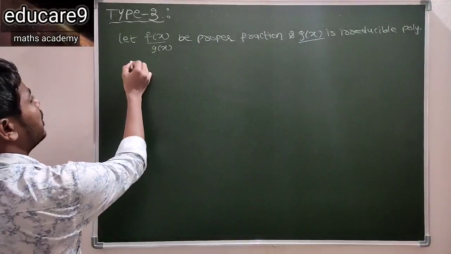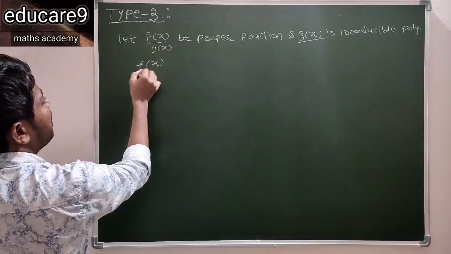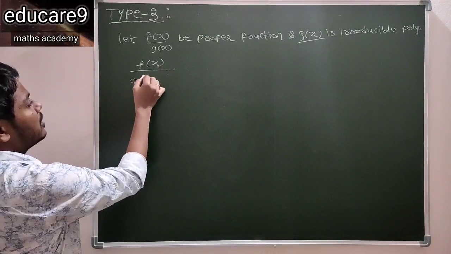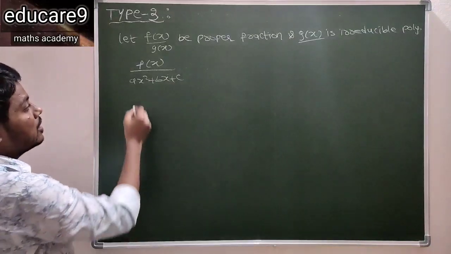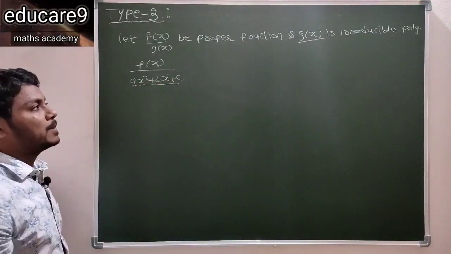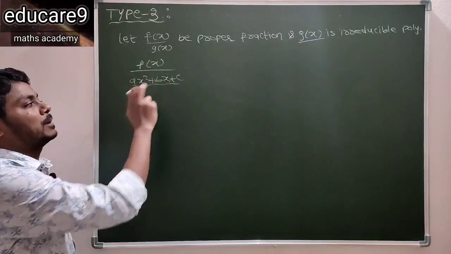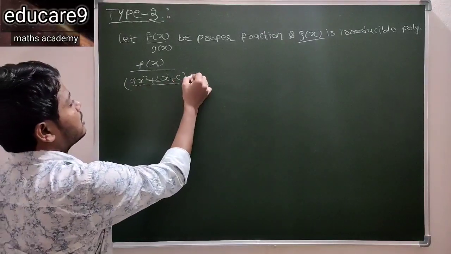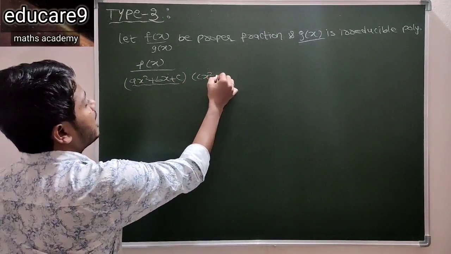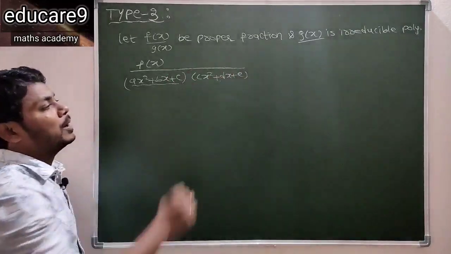So see here, for example, f of x by ax square plus bx plus c. Here ax square plus bx plus c is irreducible. Considering ax square plus bx plus c is an irreducible polynomial, and some cx square plus dx plus c, this is also an irreducible polynomial.